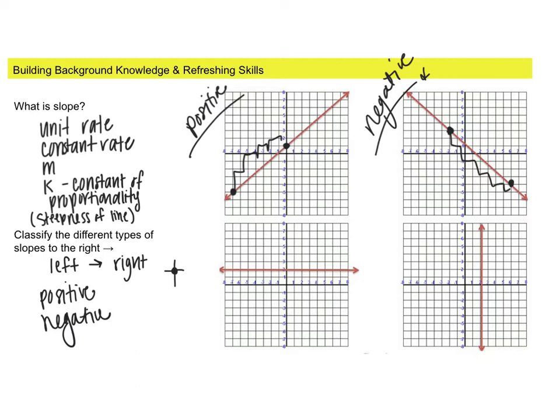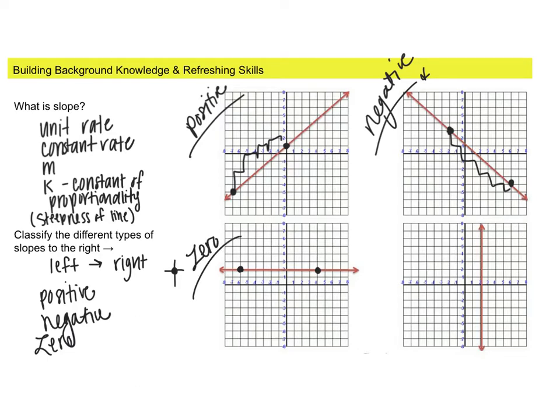But we have names for these slopes, so you'll hear these names as we move forward throughout this year in math. So this first line, if we choose a spot on the left and then a spot on the right, it's not going up, it's not going down, it's not positive, it's not negative, right? It's just completely straight. This slope is called a zero slope because there's no incline. There's zero incline at all.